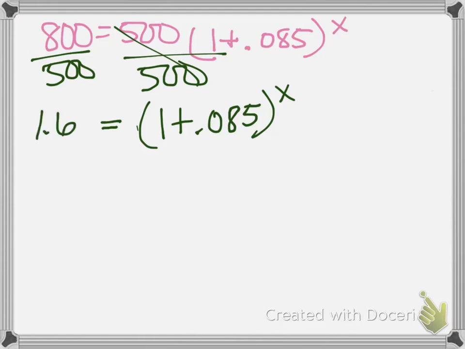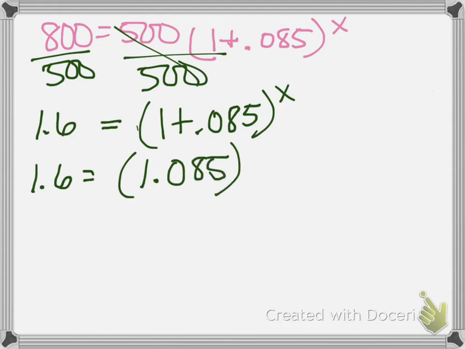Okay, so 1 plus 0.085, I can definitely simplify that. That just equals 1.085 to the x power. Well, now I have an expression in the form of b to the x equals a, do I not? Here's a, here's b, here's x. So I can now use that form where log base b of a equals x.